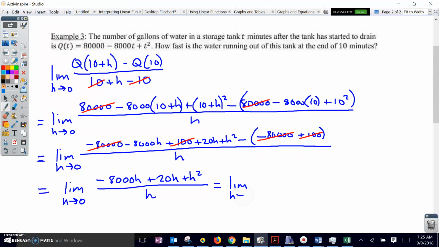So I'm going to factor my numerator. I can factor an h out of everything. Computer's running a little slow this morning.